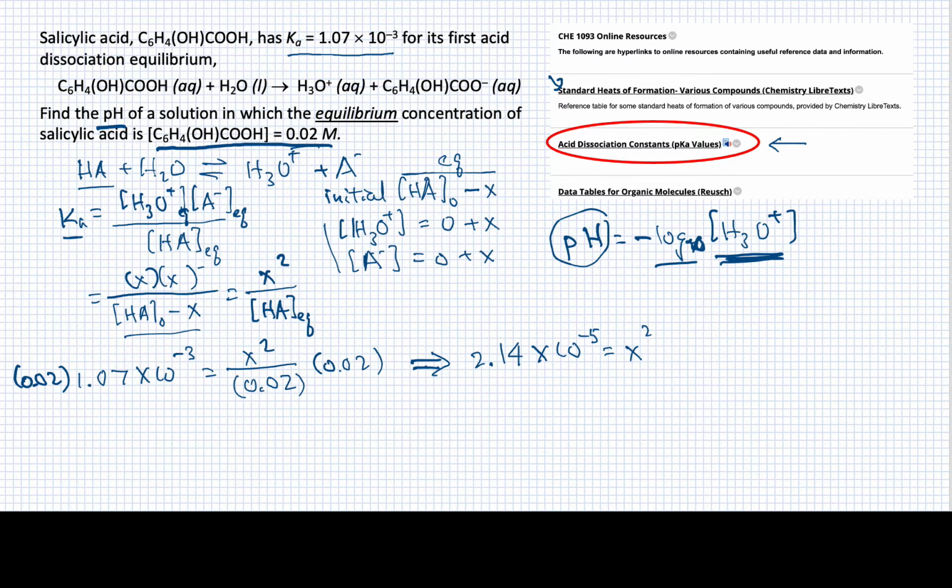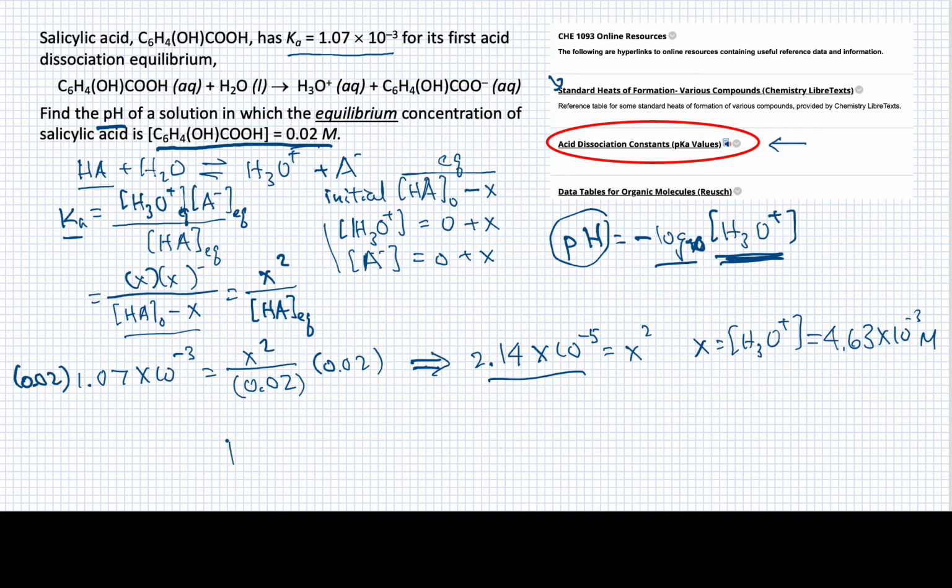Now all I need to do is take the square root of both sides. I find that the hydronium ion concentration in this case is simply going to be 4.63 times 10 to the minus 3rd molar. That's just the square root of this number here.